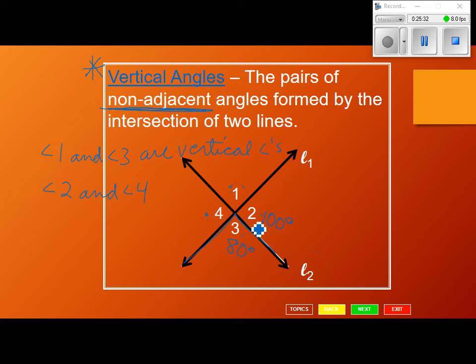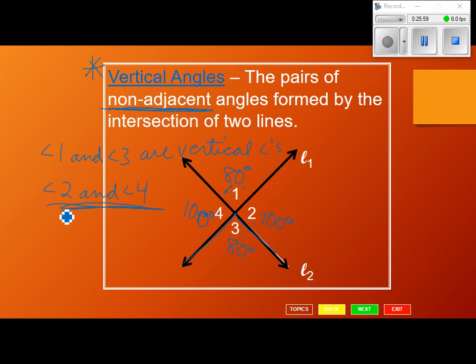And I look over here at 1 and 2, they're a linear pair. So angle 1 and angle 2 have to add up to 180, so that means angle 1 has to be 80 degrees. Angle 1 and angle 4 are a linear pair, they're supplementary to each other. So if angle 1 is 80, angle 4 has to be 100 degrees. Then what do you notice about angle 2 and angle 4?